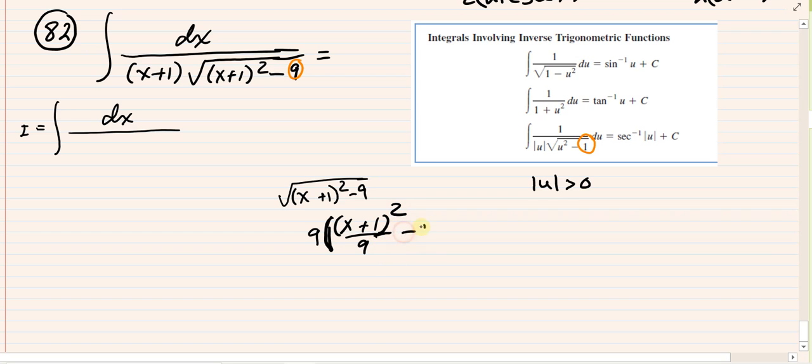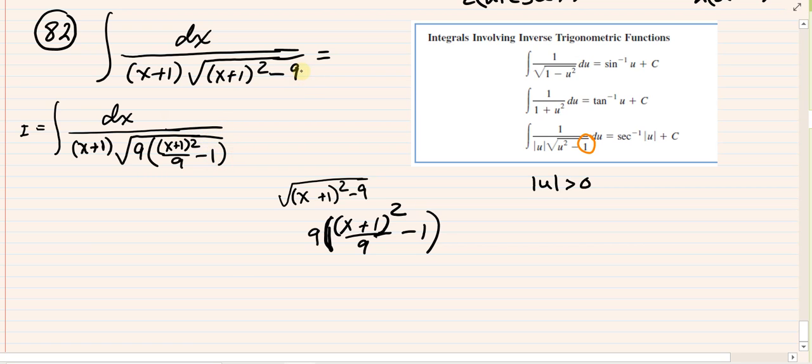And then negative 1. Okay, and then I can rewrite now the radicand as x plus 1, and then square root of 9 times x plus 1 quantity squared over 9 minus 1. True? That's still what I started with.